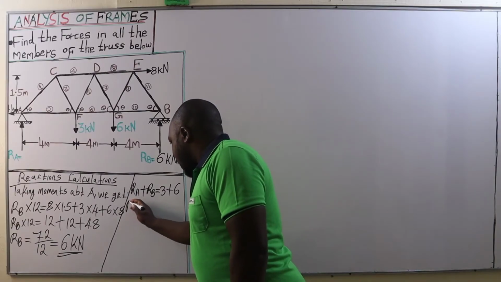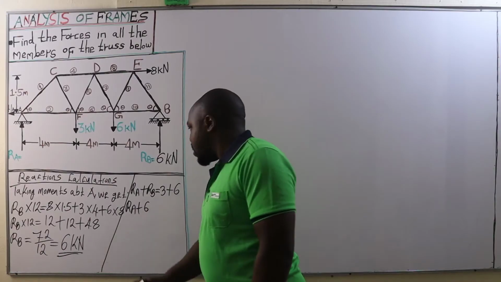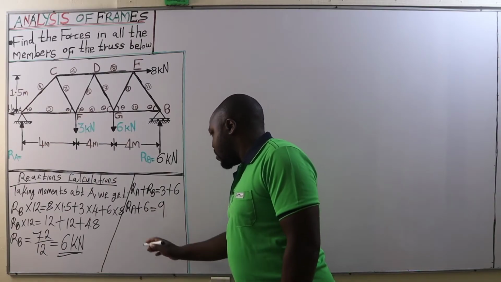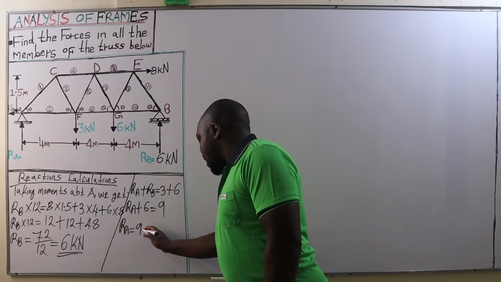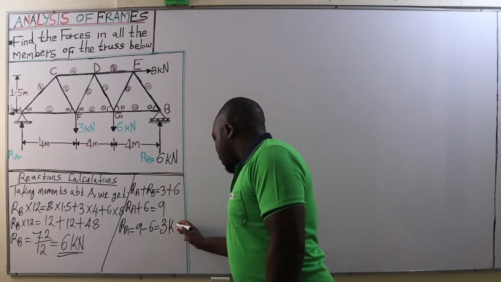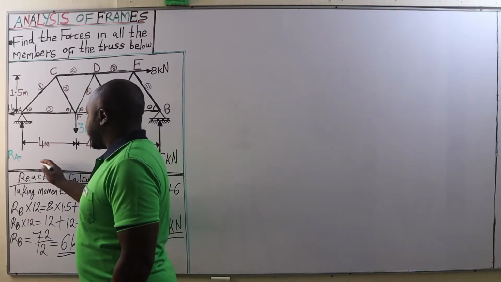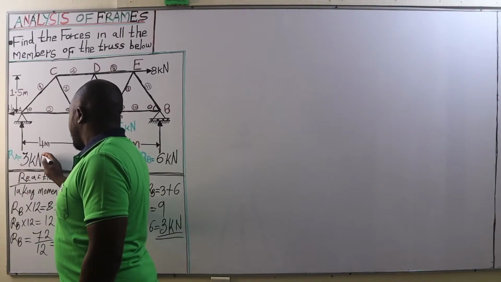Therefore, reaction at A plus reaction at B, which is 6 kilonewtons, is equal to 9 kilonewtons. So reaction at A will be 9 minus 6, which is 3 kilonewtons.